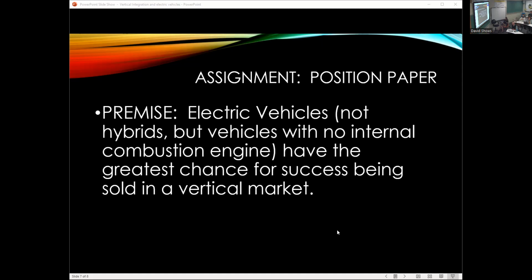Look at it this way. The statement actually breaks down into 3 different phrases: electric vehicles, have the greatest chance for success, being sold in the vertical market. This is what's known as a conjunctive statement, where you have 3 different parts.